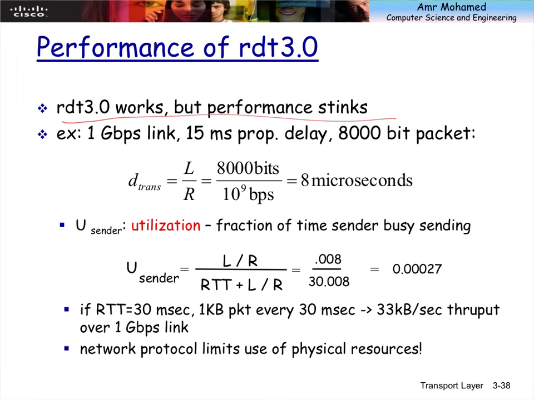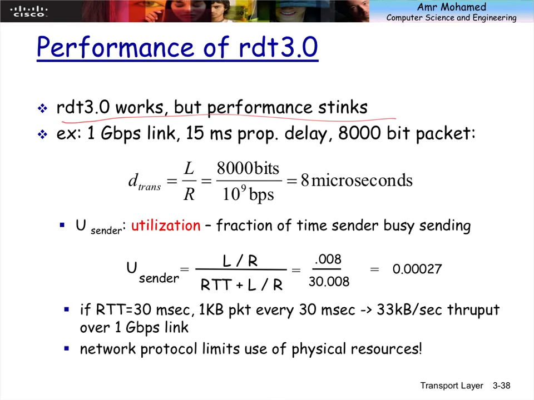Why? Because we're sending only one packet at a time on the channel, so the channel is being used only during the transmission time of that packet. Other than this, the channel is not being utilized.